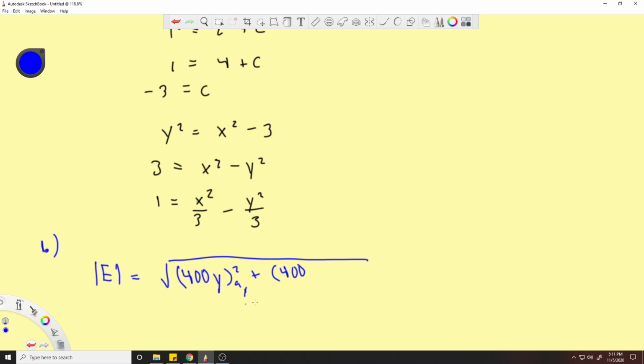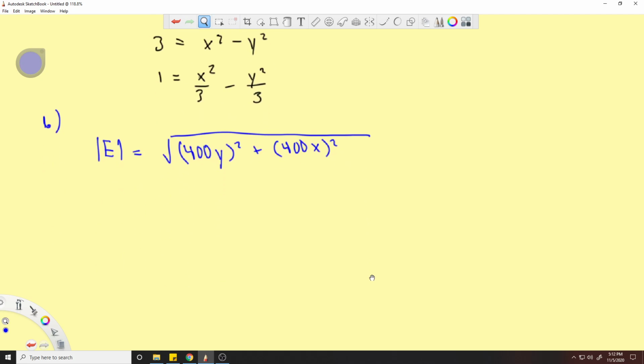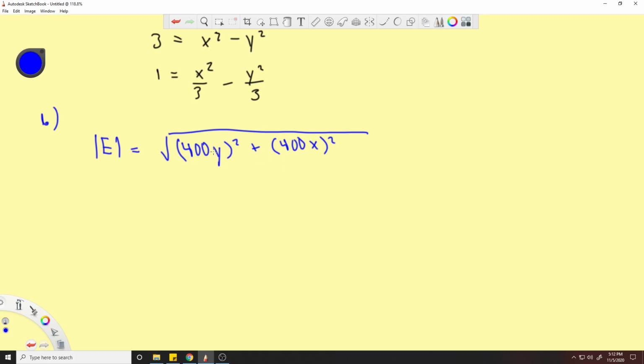It doesn't really matter what direction, because it's a scalar. So now we have our equation. This is going to be equal to 800 because we're looking for the equation at which it's 800 volts per meter.